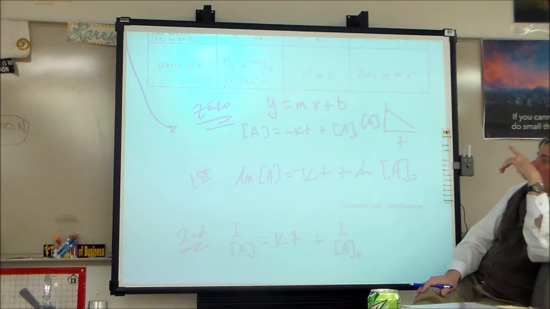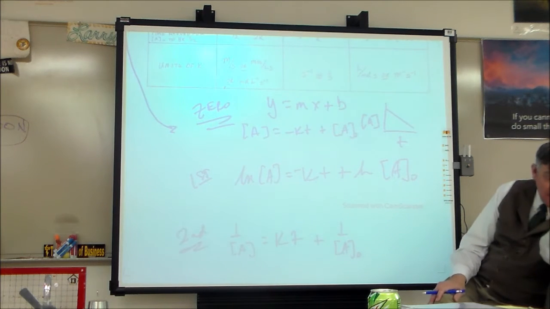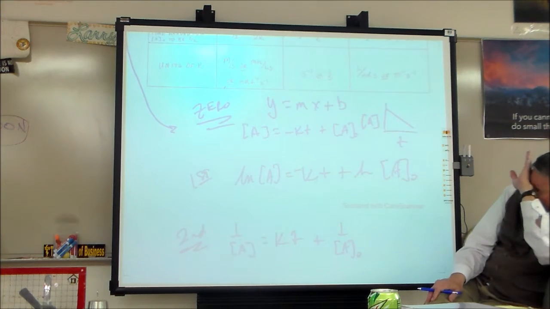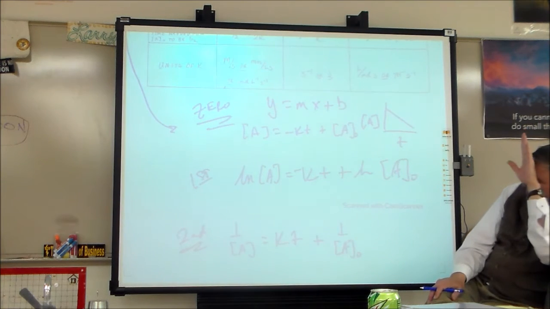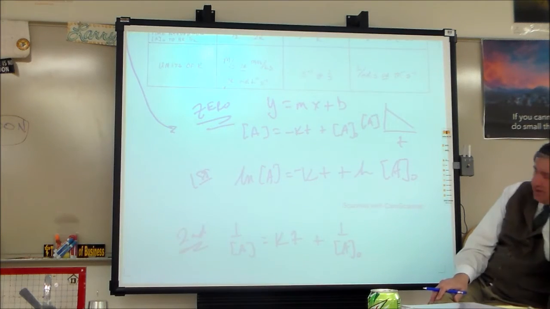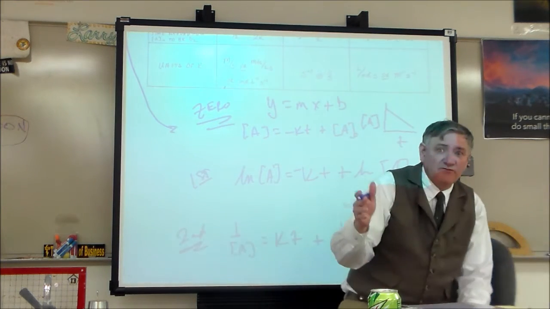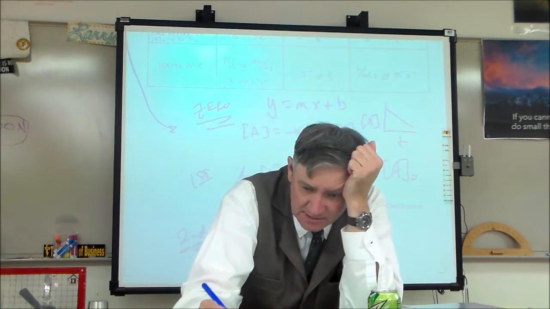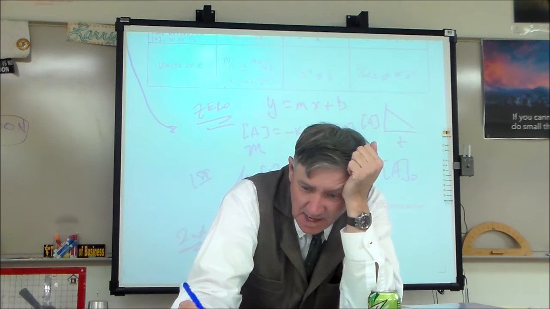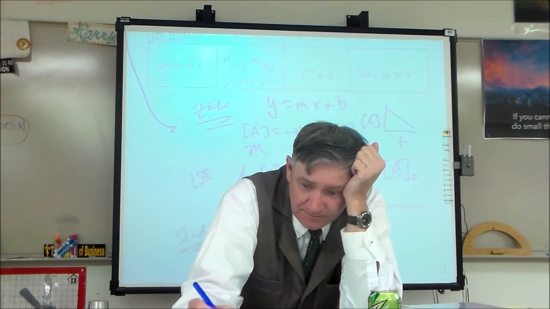Now, if you look at the units, and you absolutely have to pay attention to units, if you don't, this thing is going to turn into an absolute train wreck. Because this is just concentrations, the concentration of A is going to be in molarity. The A naught is going to be in molarity.